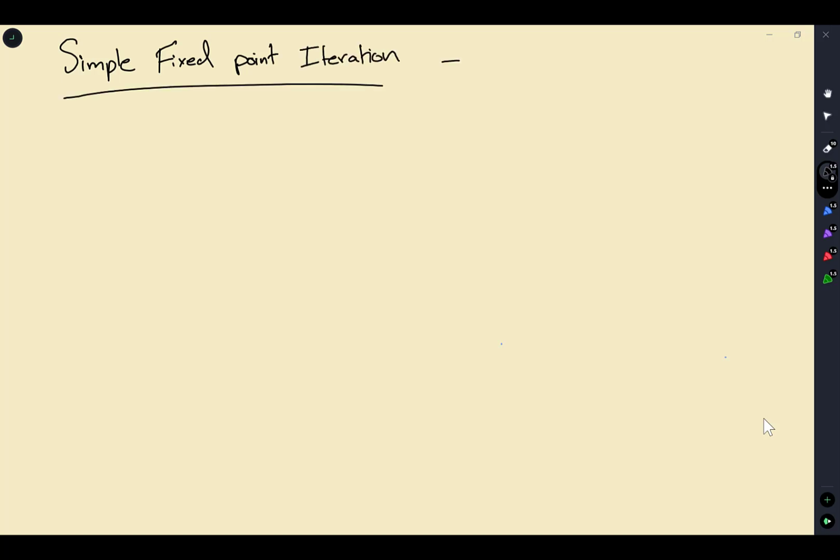All right, so this is where we're going to be doing the example. This is from slide 5, the simple fixed point iteration example, in lecture 2.2.